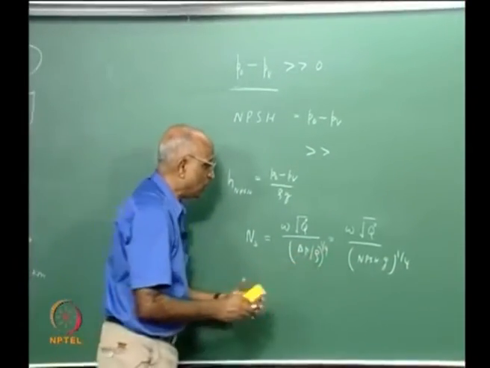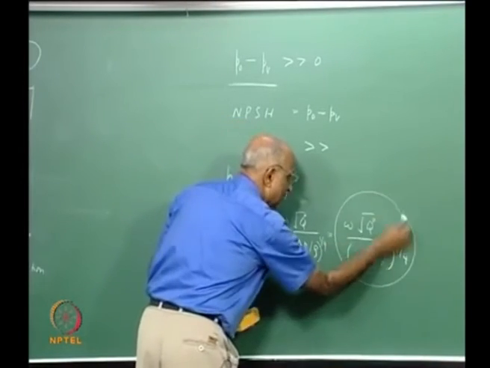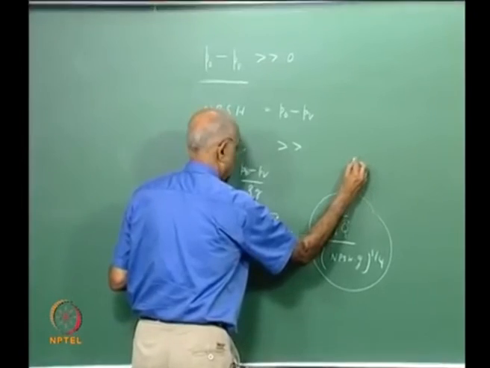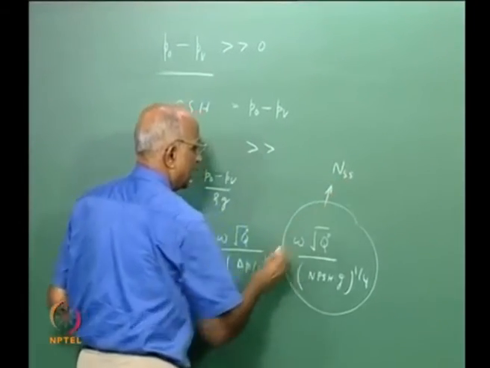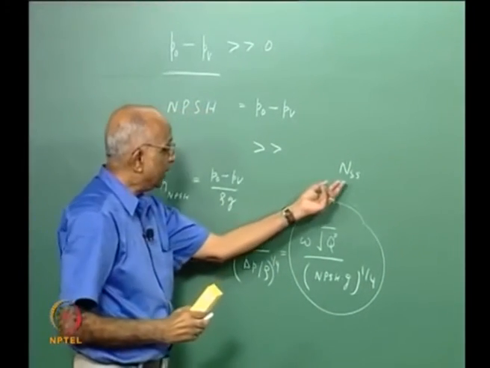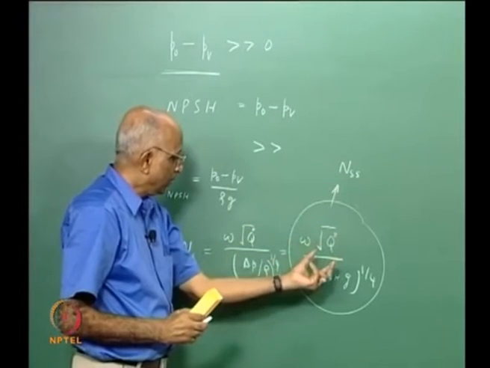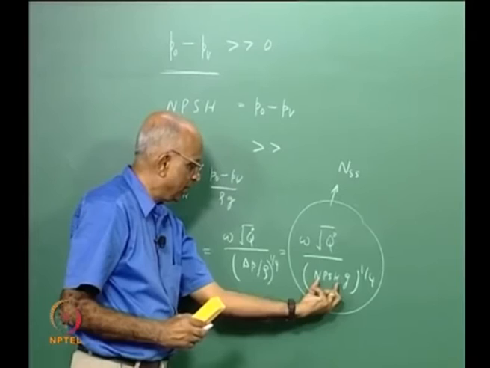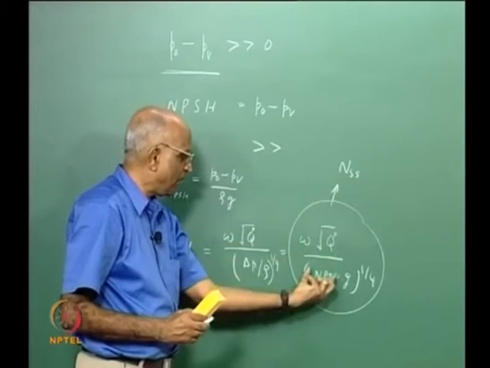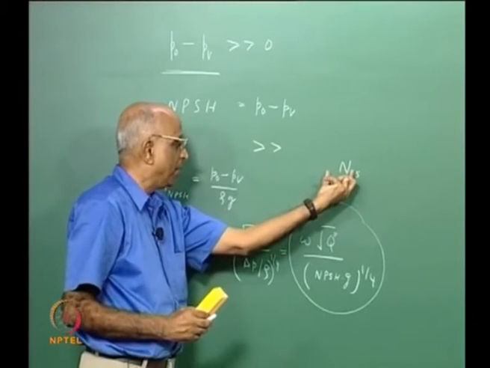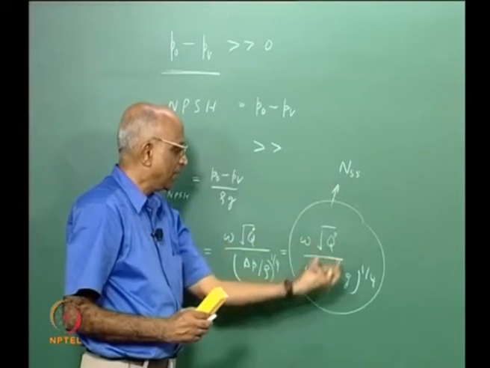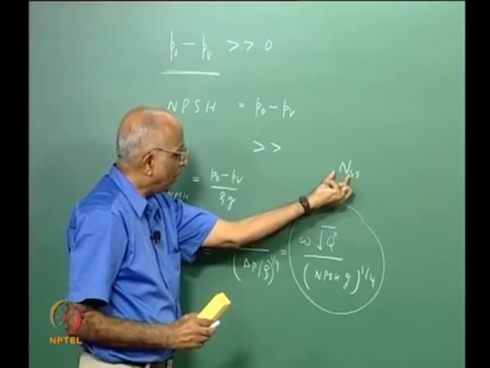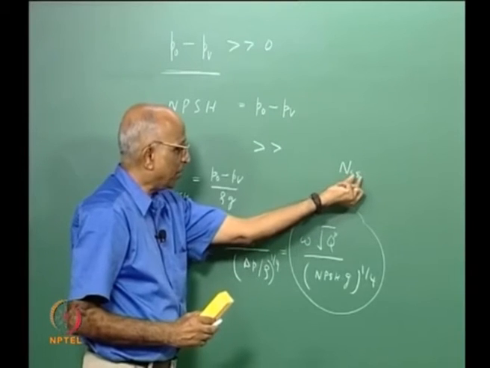This value is what is referred to as NSS, that is, we say the specific suction speed for preventing cavitation, or we say this head must be such that cavitation does not occur, and we say this is equal to the non-dimensional number with respect to cavitation.